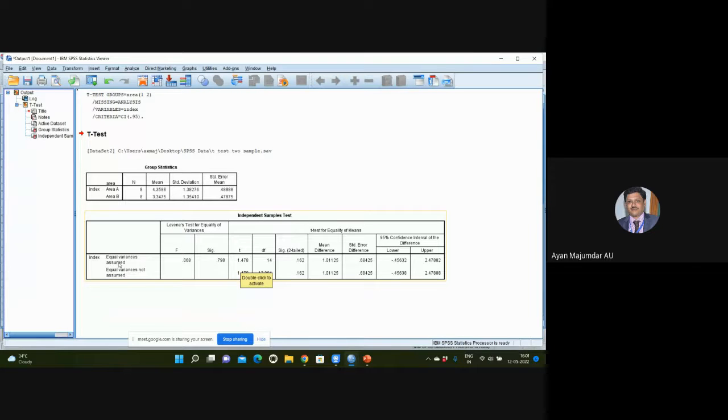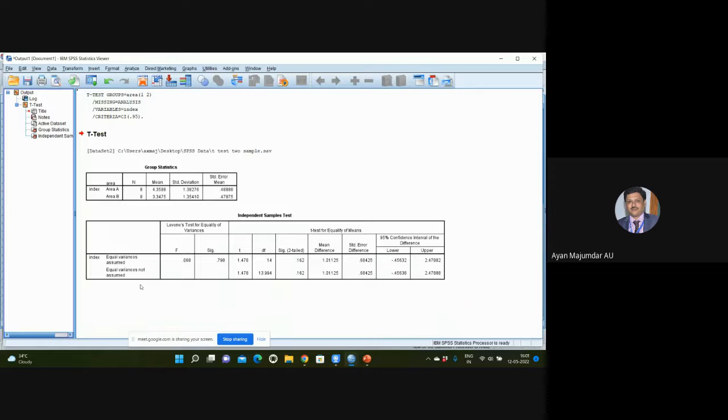Equal variances assumed, equal variances not assumed. Now we are checking the pollution level of 2 different areas of a city. If the 2 areas are exactly the same, then we will assume equal variance. But 2 areas may not be the same.